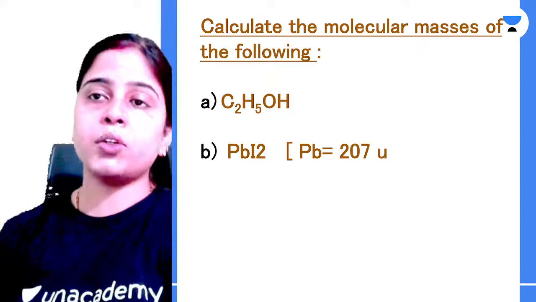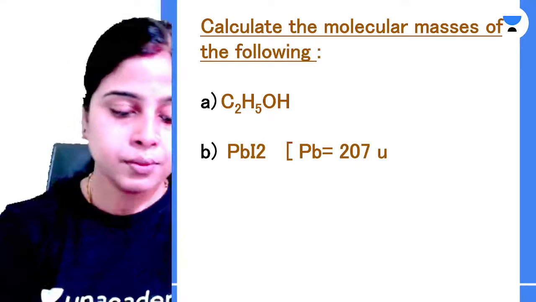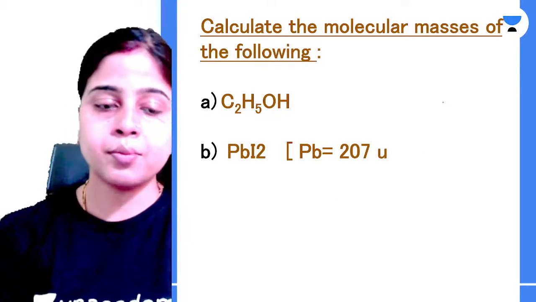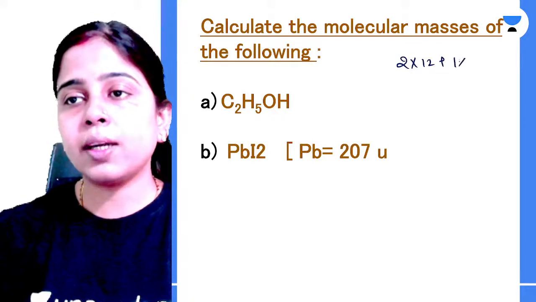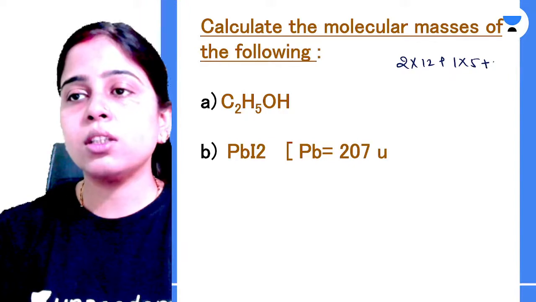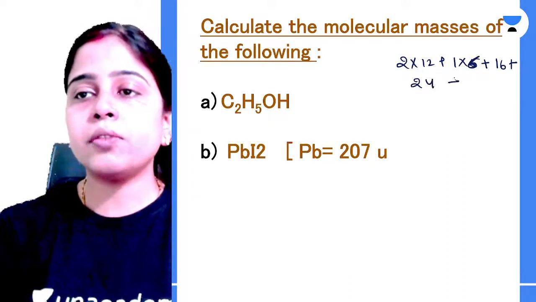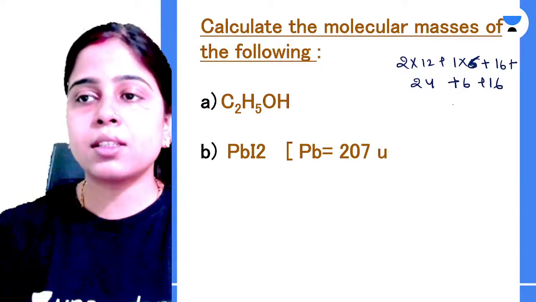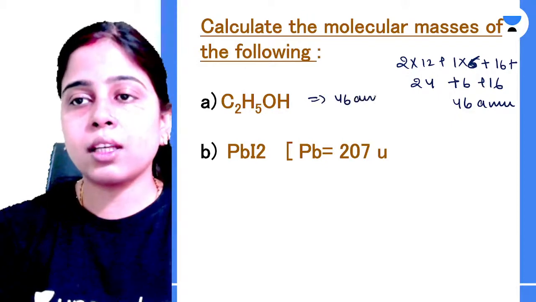If you have understood how to calculate this, please try it on your own, and I am also solving it. 2 carbons, so 2 into 12; 5 hydrogens, so 1 into 5; 1 oxygen, so 16; then 1 more hydrogen, so in total you have 6 hydrogens. Add it: 24 plus 6, 30, plus 16, 46 AMU is the molecular mass of this ethanol.